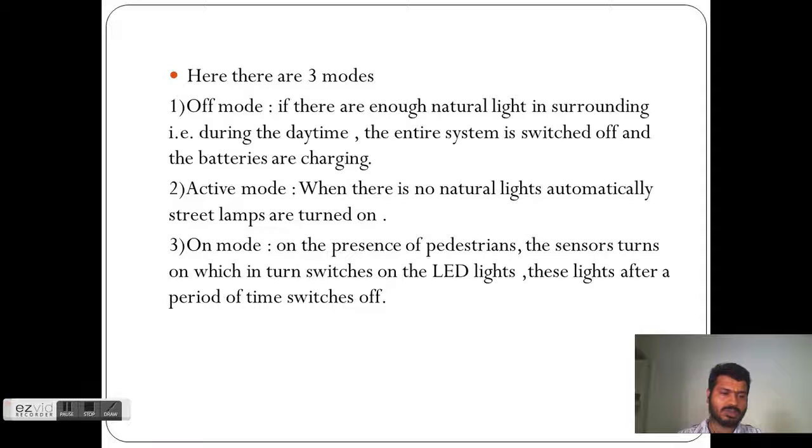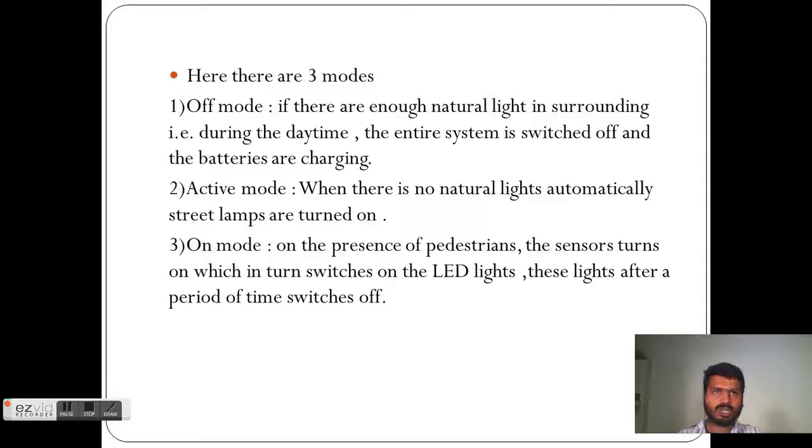What are the three modes? Here are the situations in which the smart street light system works. Initially, when there is enough natural light present, the intake of the light is done through solar panels, sensors and so on.